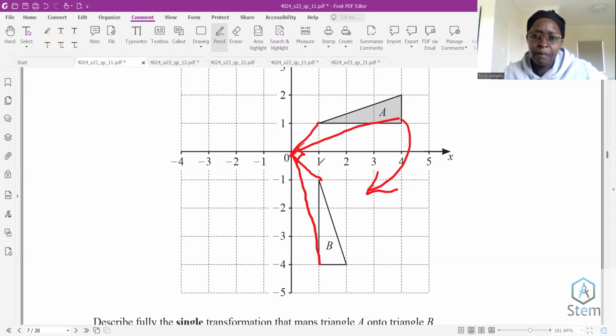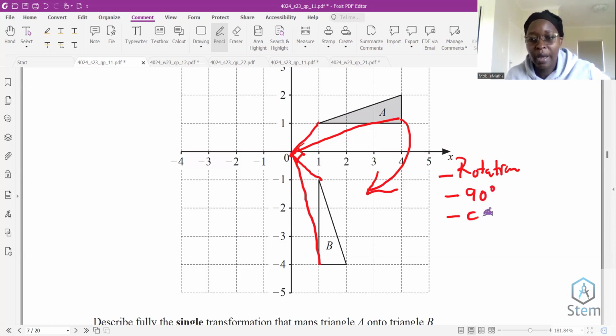So if we are to describe it, this is going to be a rotation. So point number 1, it's rotation. What is the angle of rotation? 90 degrees. What is the direction of rotation? It's clockwise.